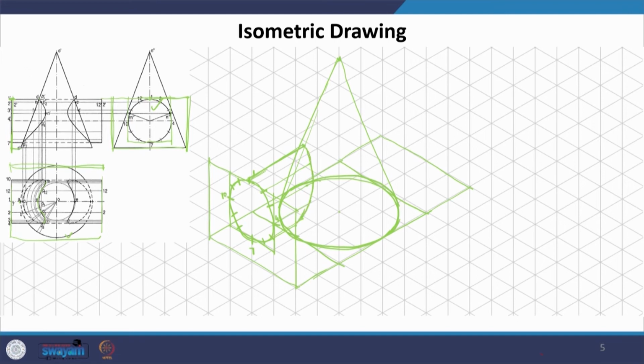So, if you join this like this, in the bottom, and exactly the same thing we will do on the other side. So, we have the reference circle, so we will mark these points. The other points are being visible here.